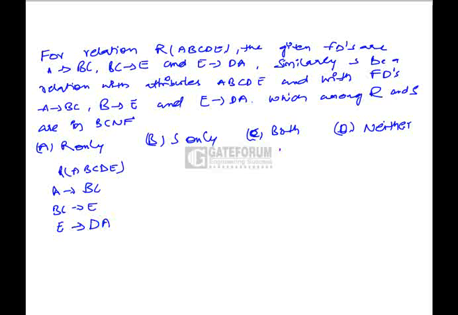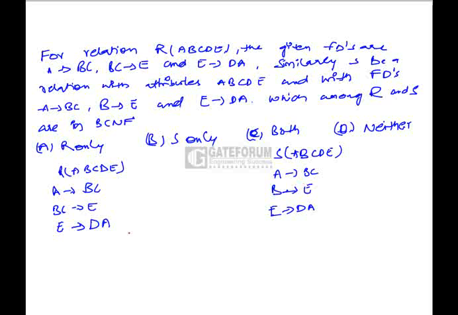S is a relation on attributes A, B, C, D, E, and the FD set for S is given as A gives BC, B gives E, and E derives DA. So these are the relations and their FD sets.